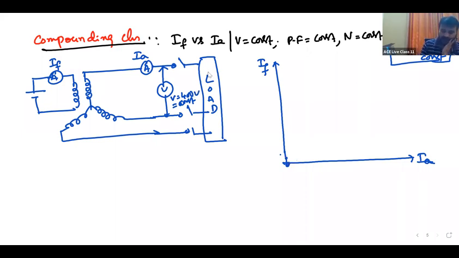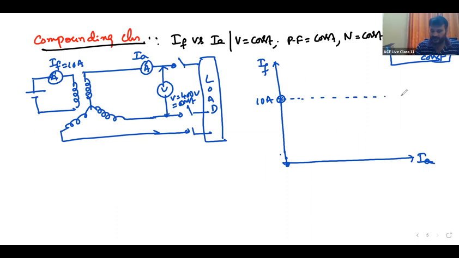If you want 400 volts, compulsorily some current must be given, no? Some rated current, nearly 10 amperes, is given. When 10 amperes are given, we are getting 400 volts for current equal to 0. The voltage is 400, but the field current must be some 10 amperes. For what? 400 volts, IA is equal to 0.